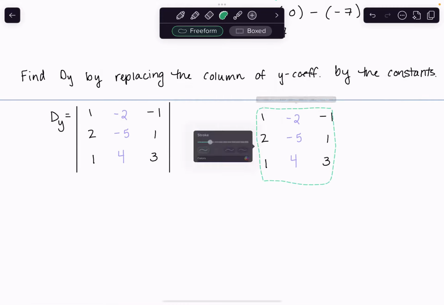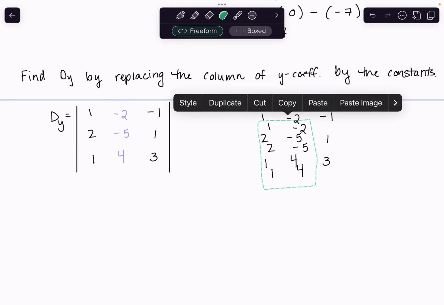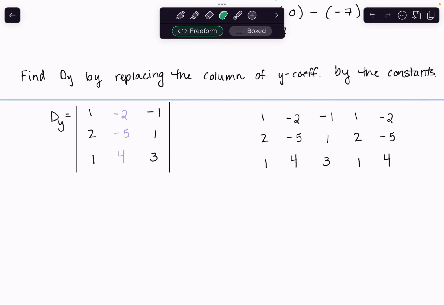So I copy my values down. I repeat my first two columns. And now I go through and start multiplying. So again, I don't worry about ones. So this is negative 15. When I multiply those, that is negative 2. And then that multiplies to negative 8. Then I subtract the off diagonals.